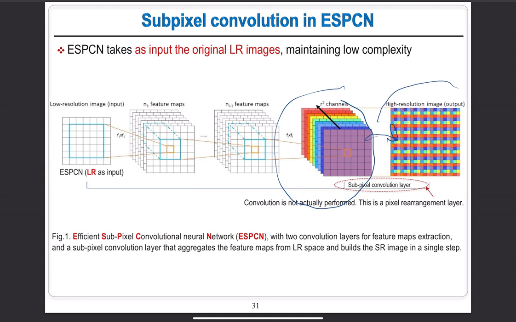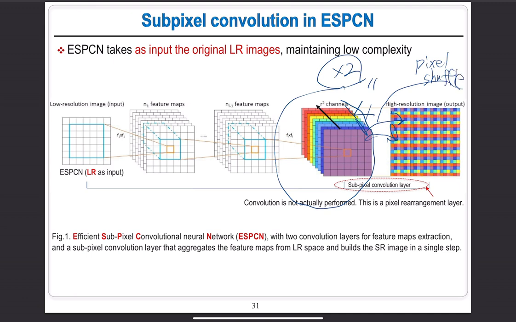For example, if the upsampling factor is 2 times, then 4 LR feature maps are combined into one HR image using a process called pixel shuffle.